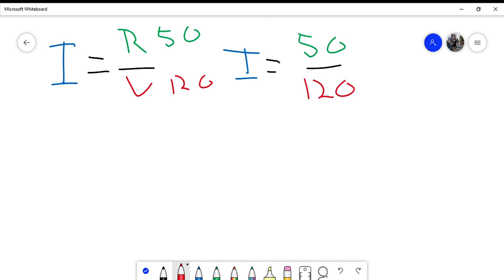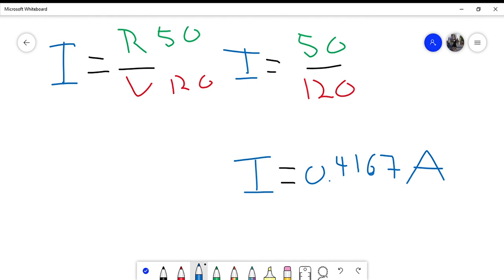So that is equal to 0.416 followed by a lot of sixes. So I'm going to round that to 0.4167 amps. If I can make that 6 actually look like a 6. And that's when you're solving for current.